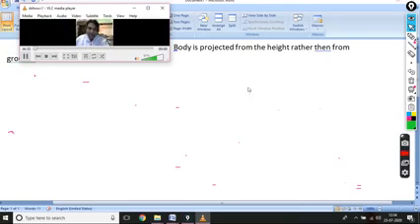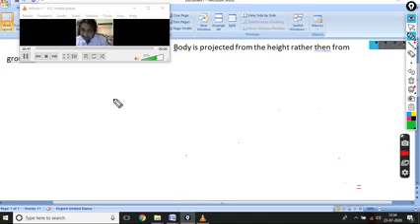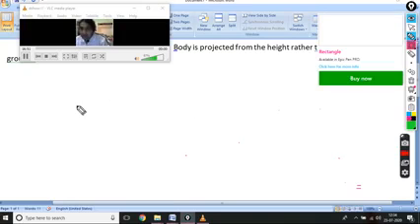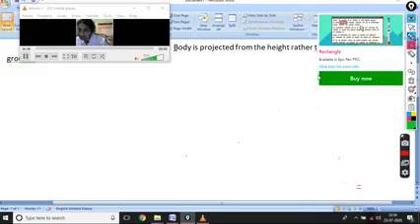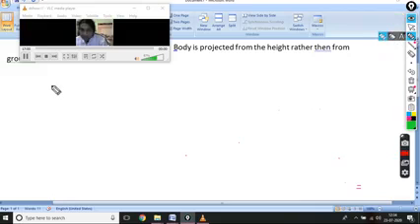Okay, fine. So the body is projected from a height. Understand what this means.